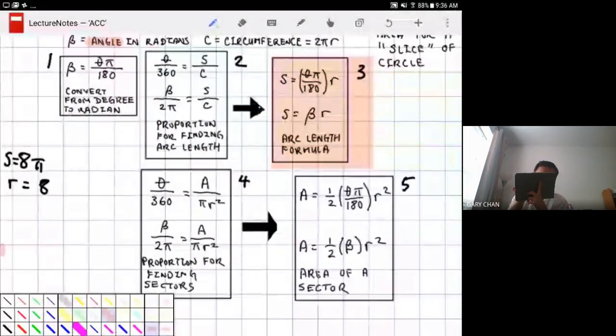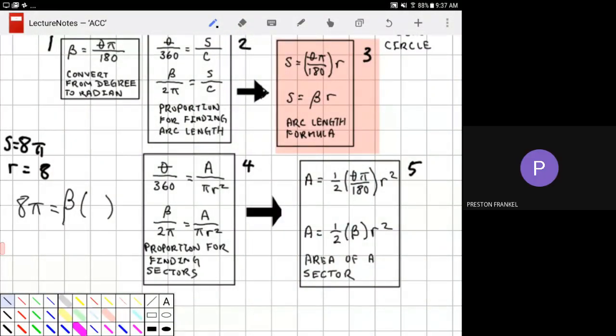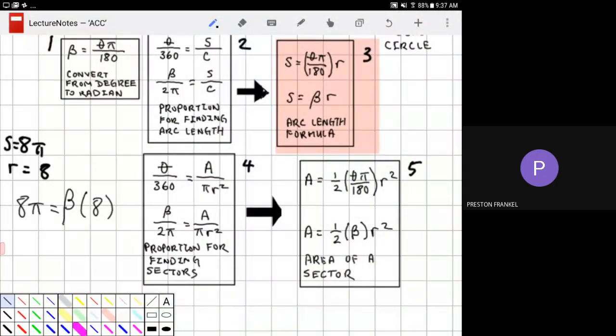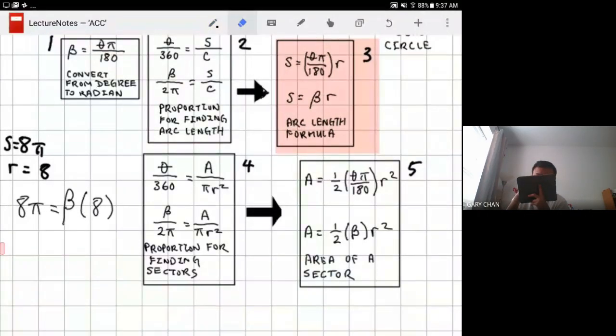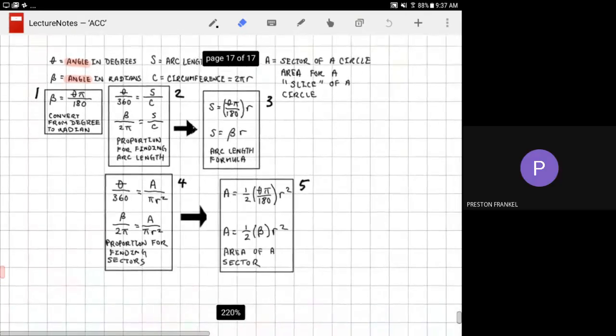If S is equal to 8 pi, and we're trying to find out what beta is, do we know what R is? 8. What would beta have to equal? Pi. That's all it is. So that's the final answer then. That is indeed the final answer.